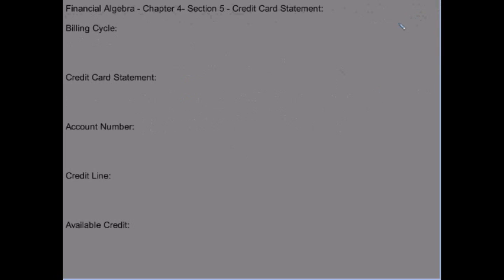Okay, for section 5, we're talking about credit card statements. This is the bill that you receive in the mail. So we have some vocabulary for this as well.